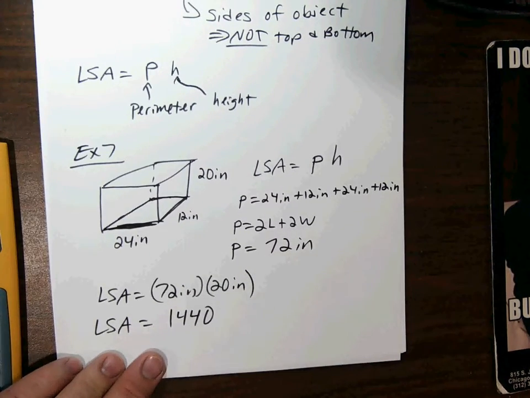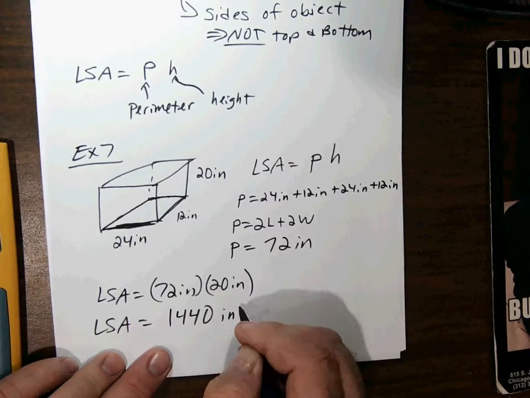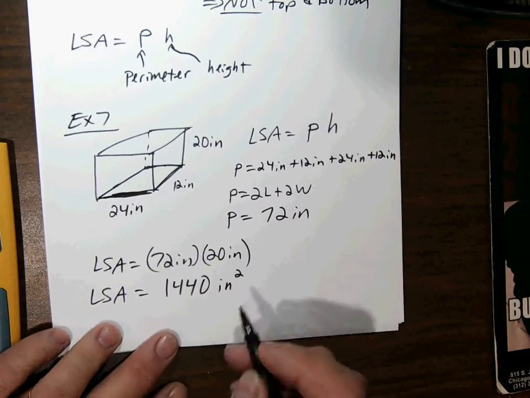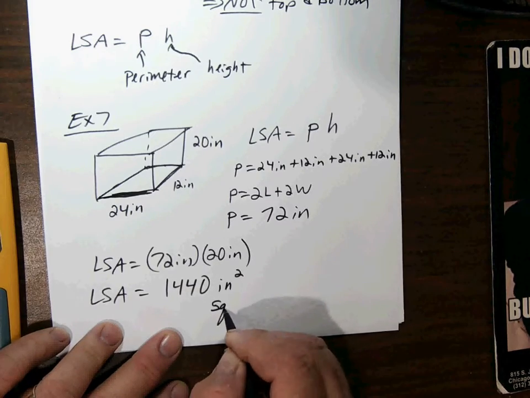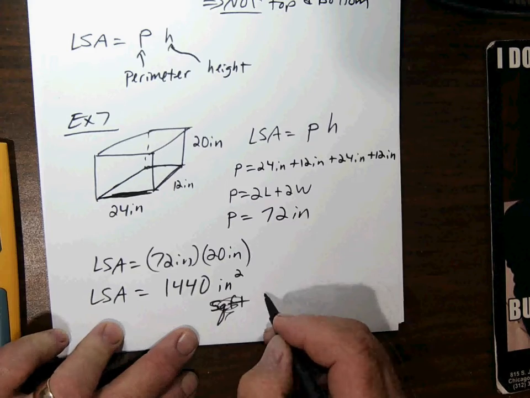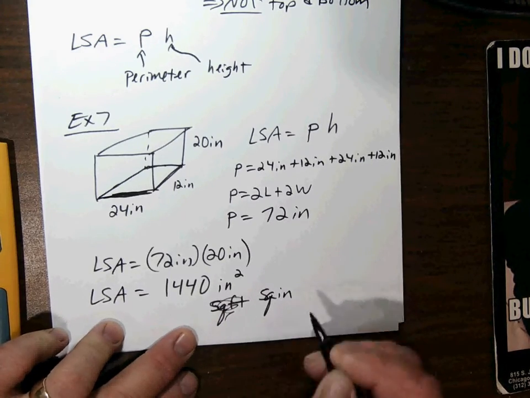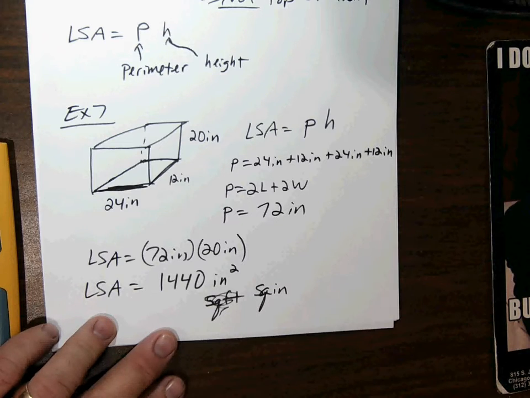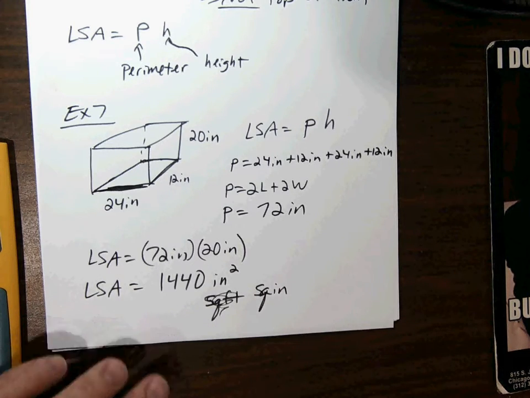Inch times inch gives me a square inch. In mathematics we write it as inch squared, while in the field, in lots of trades, it's written differently. Oops, I put feet. Square inches, like that. But in math class we usually write it as inch with the exponent of 2.